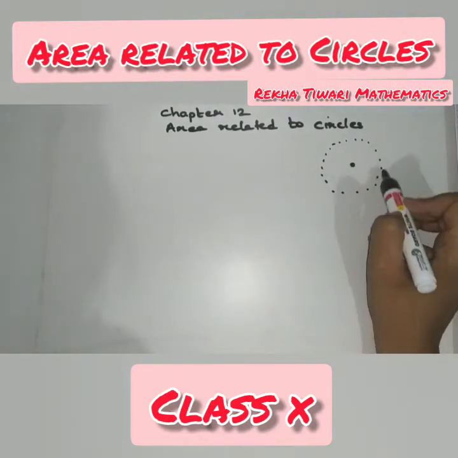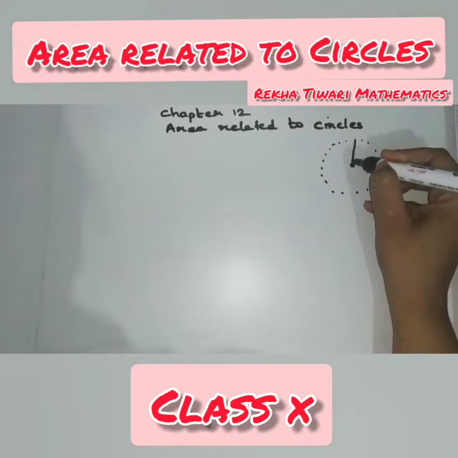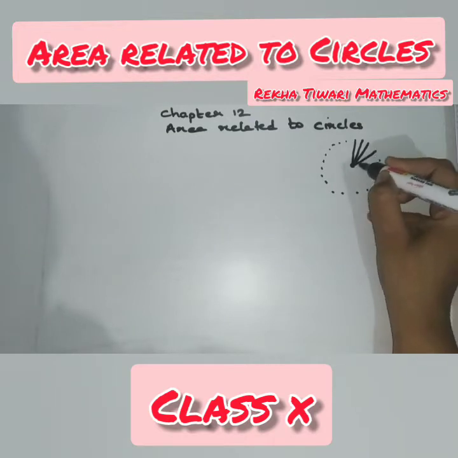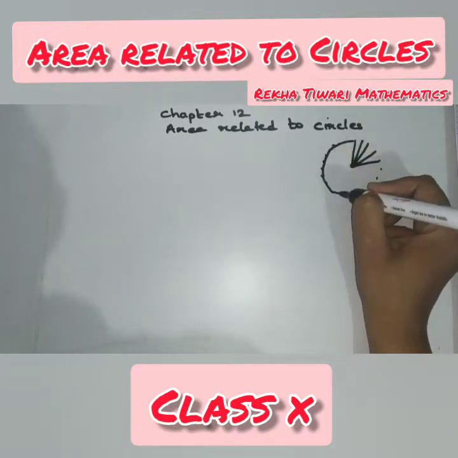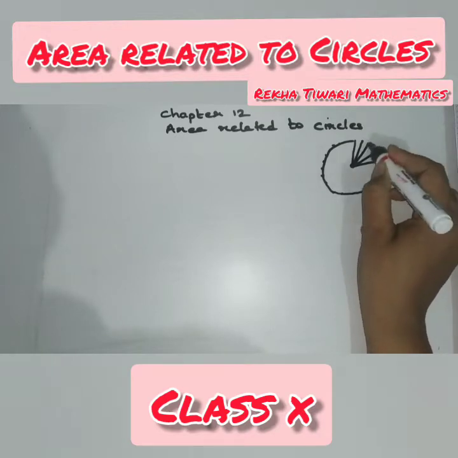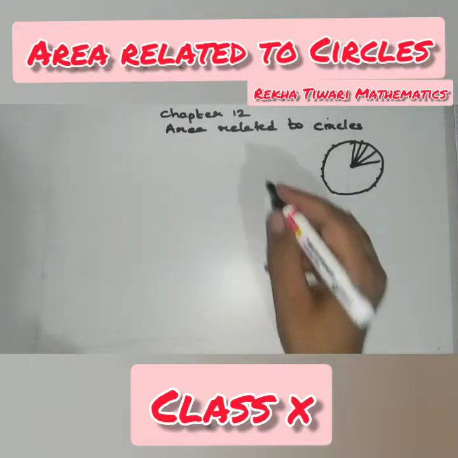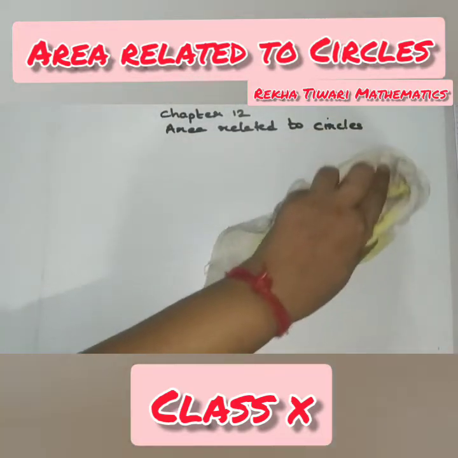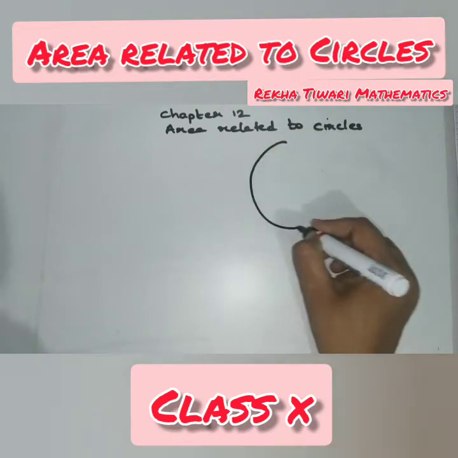Circle is the collection of points which are at a fixed distance from the fixed point. This distance is fixed. And when you join these points, these collection of points, you will get a circle. Correct? So, let me draw a perfect circle for you. See, this is the circle.